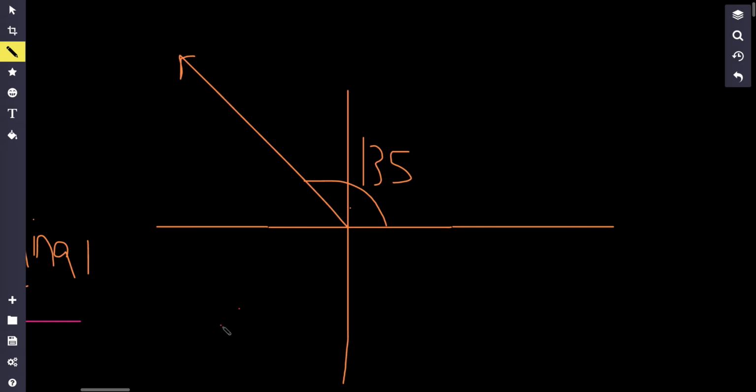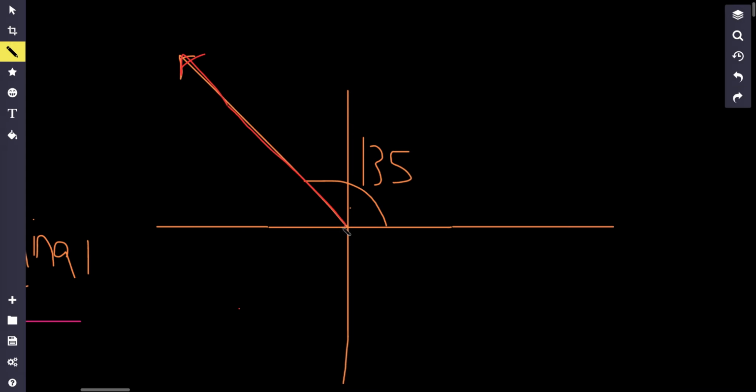The way I like to think about it is, this ray creates another angle on the other side of the x-axis, and that angle represents the reference angle. So when you create an angle in the second quadrant, the reference angle is always using the other side of the x-axis.